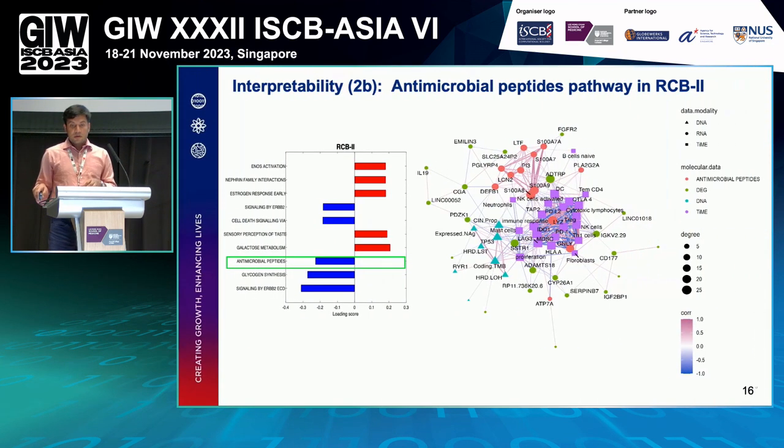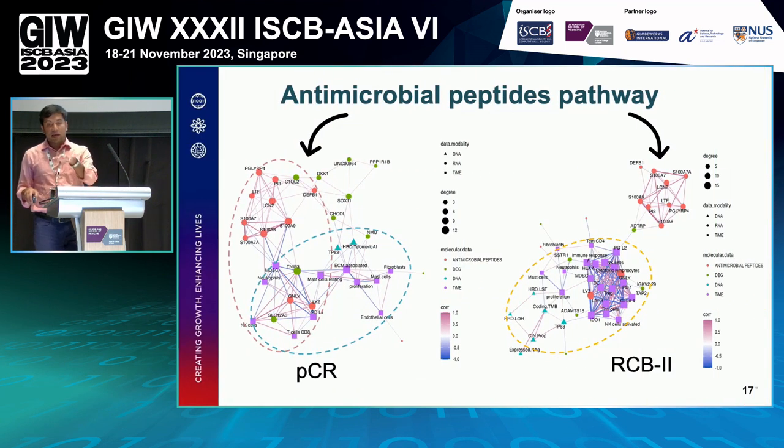So I did the same thing for the RCB2 category, and interestingly, I can give you the clue here. Though these two categories share a common pathway, the regulatory networks or modules in terms of pathway might be different. That's what I detected in my method, because the antimicrobial peptide pathway was positively upregulated in the PCR, but I found it negatively upregulated in the RCB.